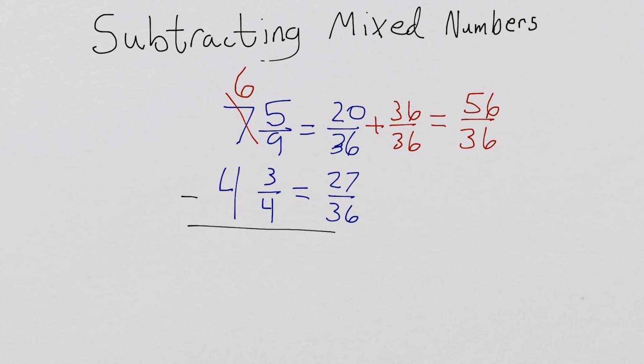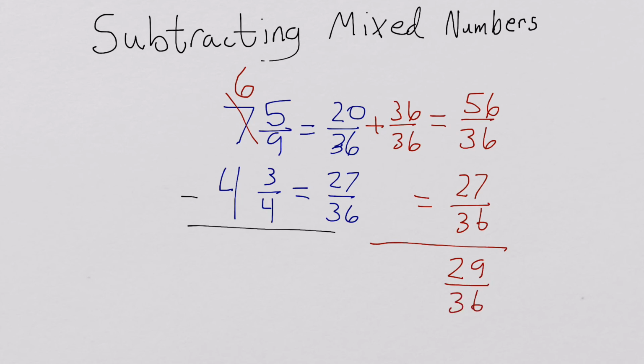So we have 56/36 now, and we're going to try to subtract 27/36 from it. Now this we can do. 56 is bigger than 27, so we can subtract finally. When we do subtract, 56 minus 27 is going to get us 29. And our denominator stays the same at 36.